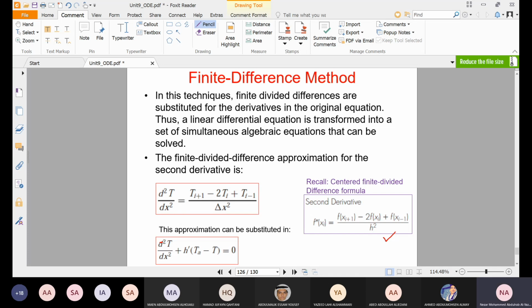So here we can substitute instead of the second derivative this format, which is the approximation of the second derivative, while delta x square is the step size.